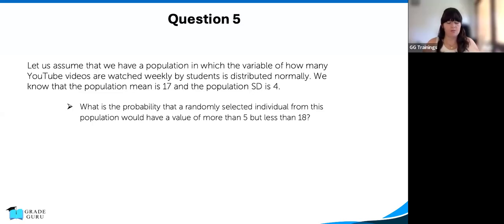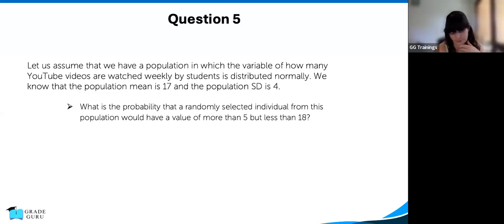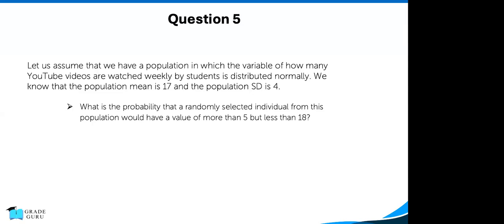Okay, let's see if we can find where exactly it went wrong. What were your two Z values after doing the formula? The first Z value I got was -3, and the second one was 0.25. Those are perfect.